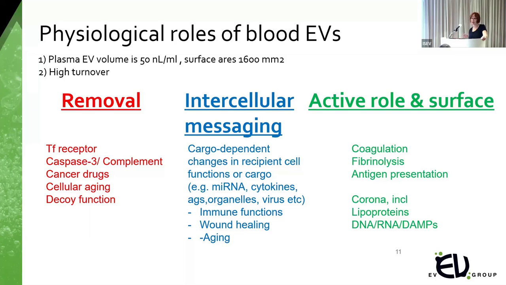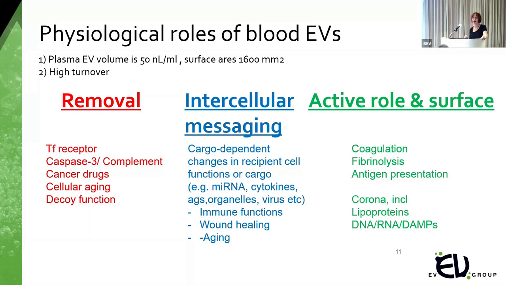This can be related to the microRNA in EVs, the cytokines on EVs, antigens or organelles, and I will come back to the organelles at the very end of my talk, viruses and so forth. And these roles are played in very important physiological functions such as immune functions, wound healing, aging, and so forth. So this is just a large category.